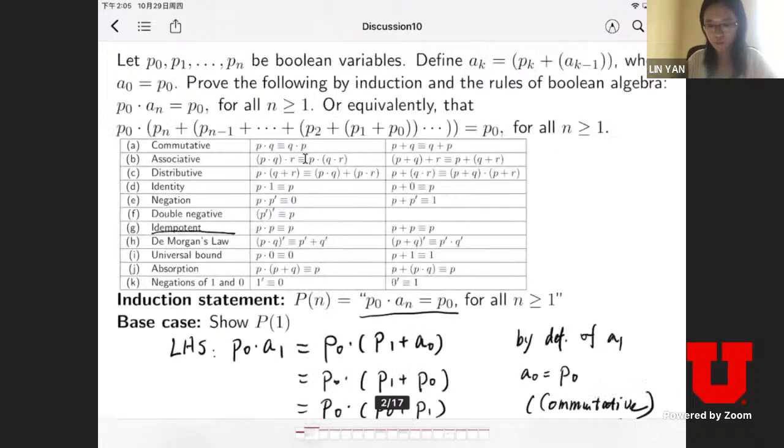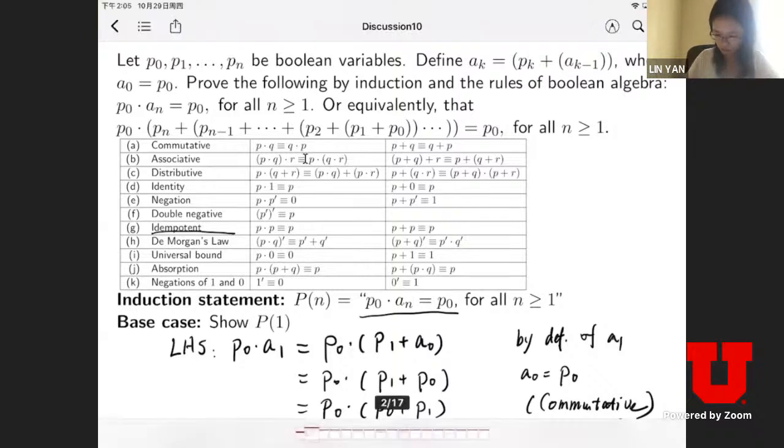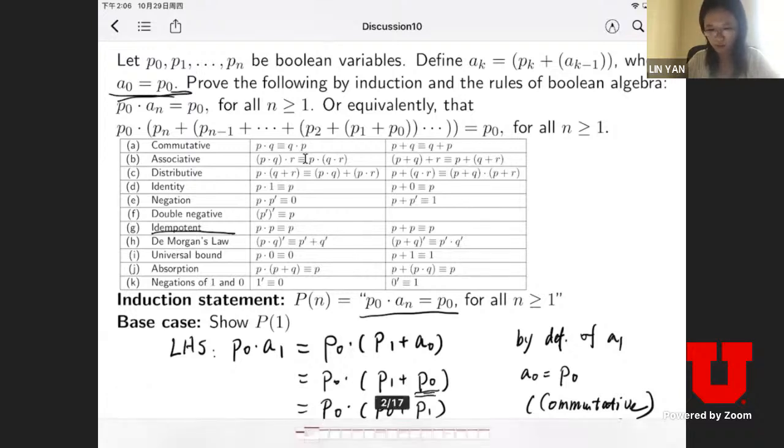Elizabeth, do you want to go back to the base case? So what's the problem with the base case? Okay, maybe because we have P0 is equal to Pn, I think there is no problem with this one. Okay, then we continue.